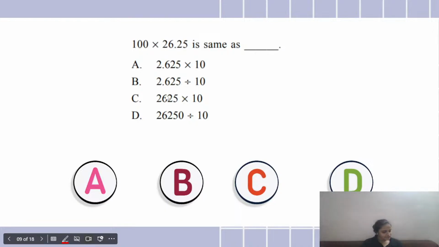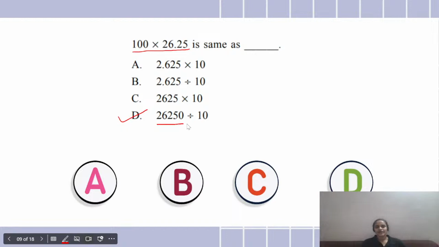You should hardly take a few seconds to answer this. 100 multiplied by 26.25 is same as option A, B, C, or D. Oh my God, Banishika is in full swing and she's giving her answers very quickly. Very good. Yes, option D is absolutely right.